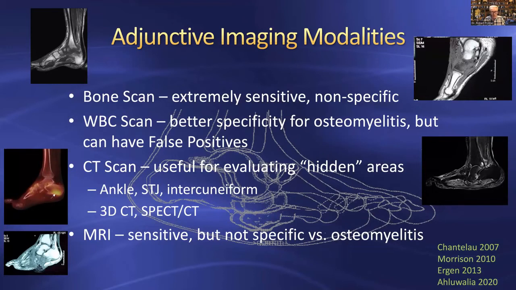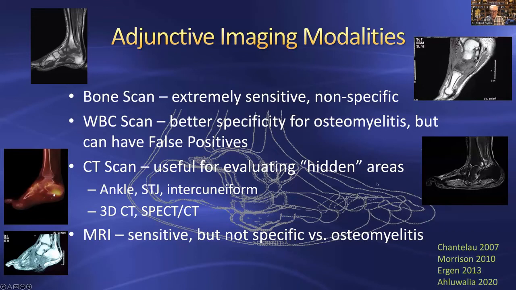Looking for ankle or subtalar joint or intercuneiform dislocations. And we'll often get a 3D CT or a SPECT CT, as you can see there. But most of us recognize that when we're really suspicious, if we have MRI available, that's probably the most sensitive and the most studied adjunctive modality, as we can see in some of the images over here.